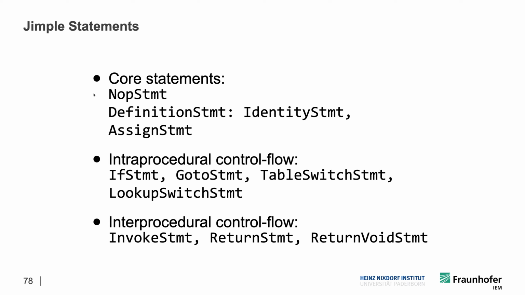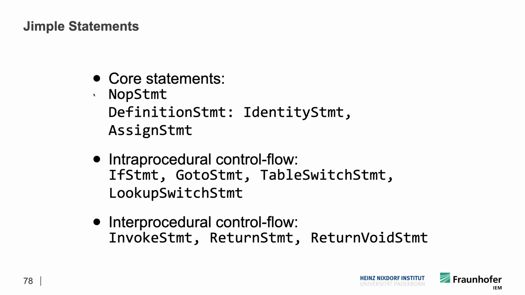And then you may find yourself in a situation where a loop or an if-then-else has to jump to a statement that has not yet been generated. Then you can generate a NOP statement as a placeholder, and you can use that as a jump target. That makes code generation simpler.